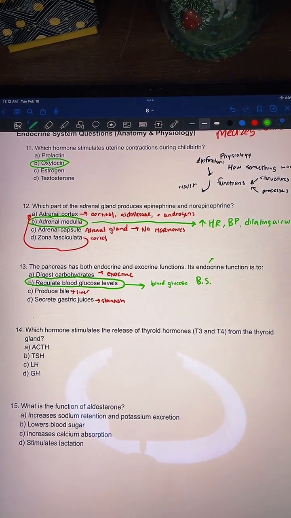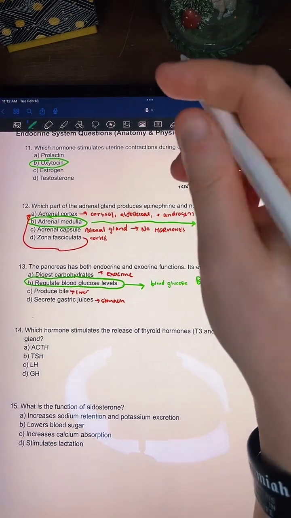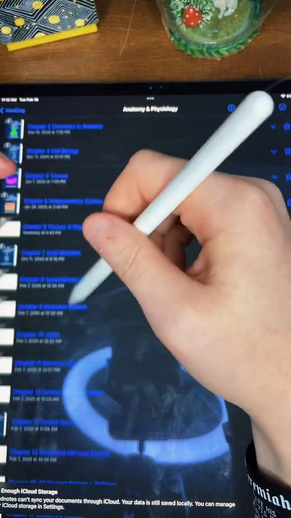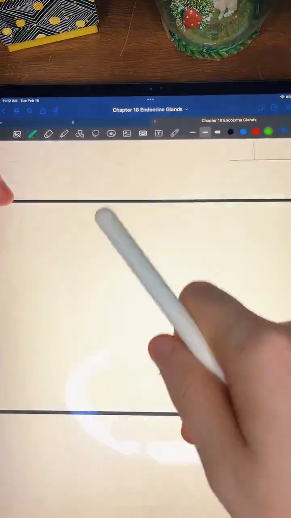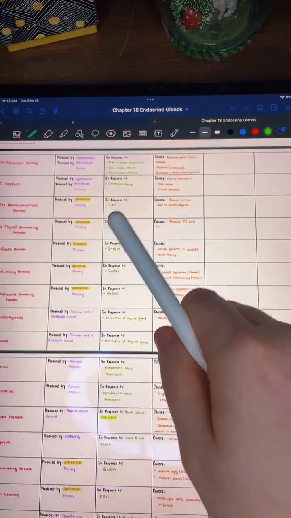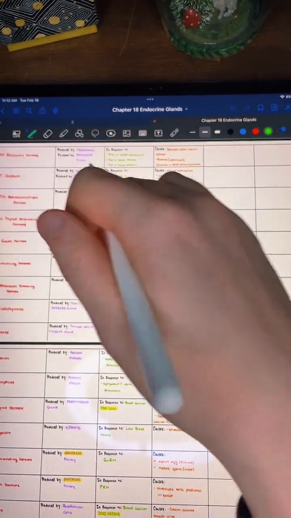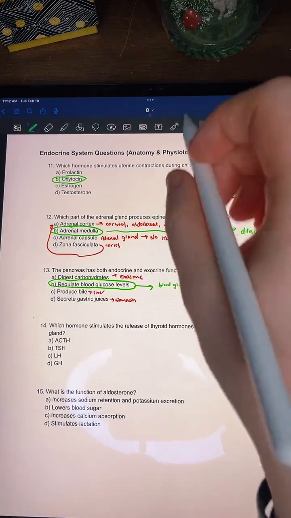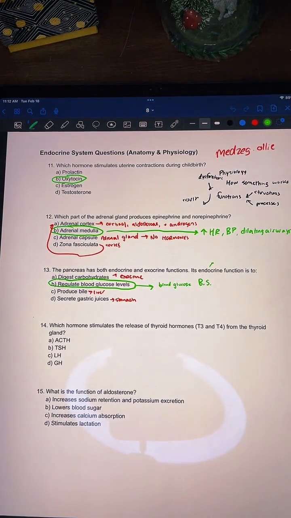The endocrine glands study has my endocrine chart, which is what helped me get an A on my exam. This is kind of what I made for that. I had a chart of all the hormones, what they're produced by, in response to, and what they do. So that's the difference between those.